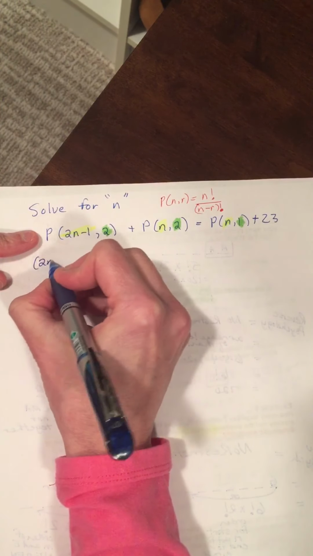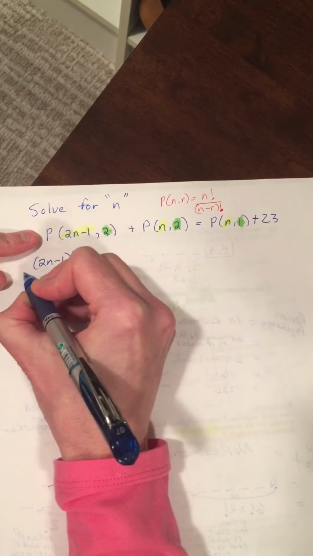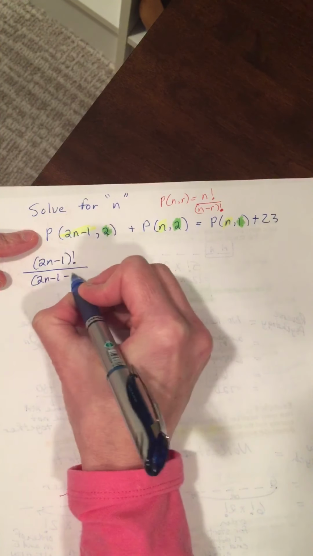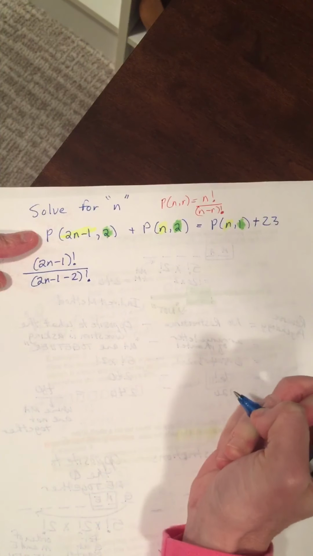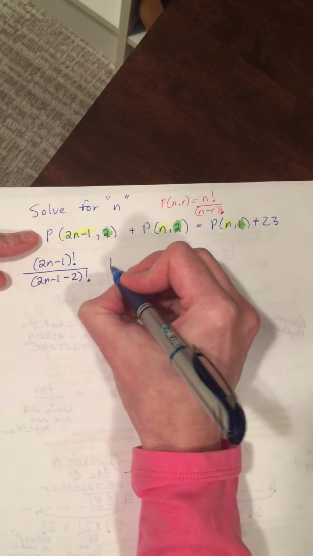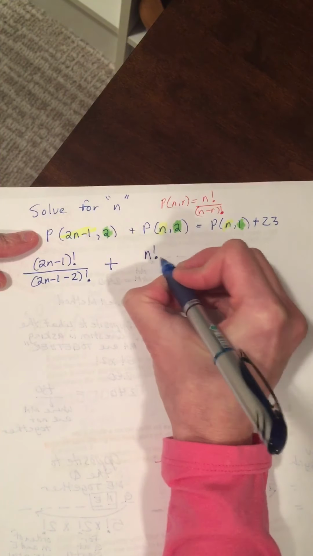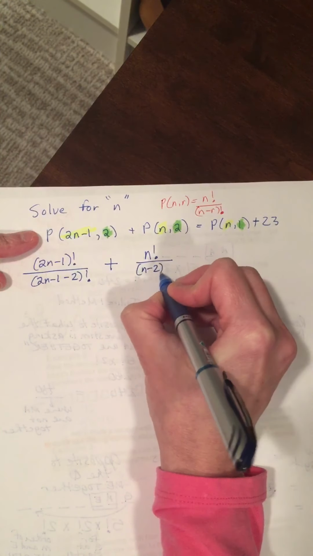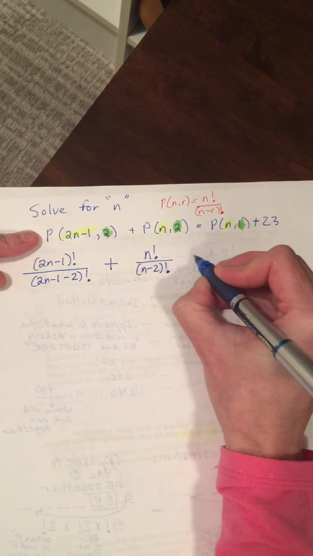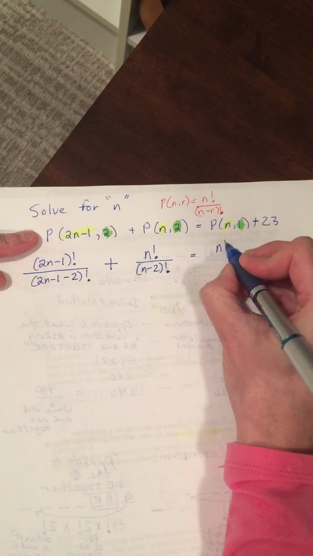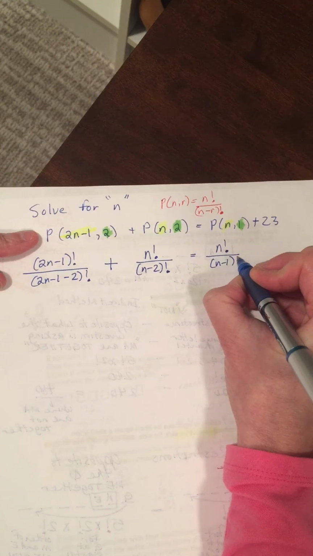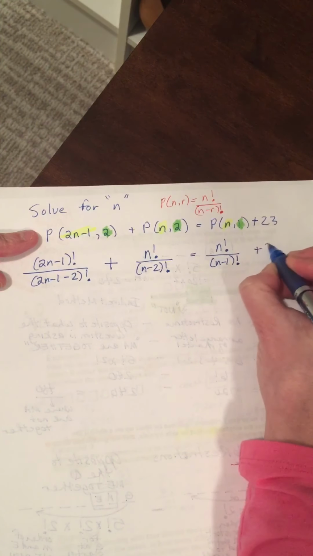So it's going to be n factorial all over n minus r factorial plus n factorial all over n minus r factorial equals n factorial over n minus r factorial.